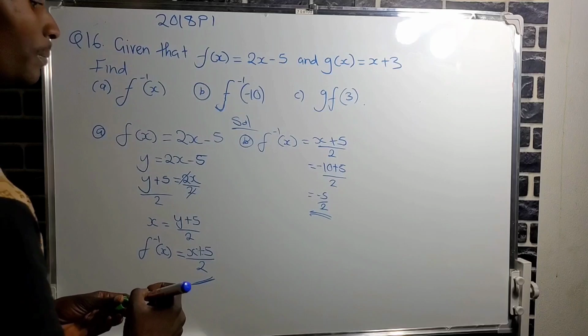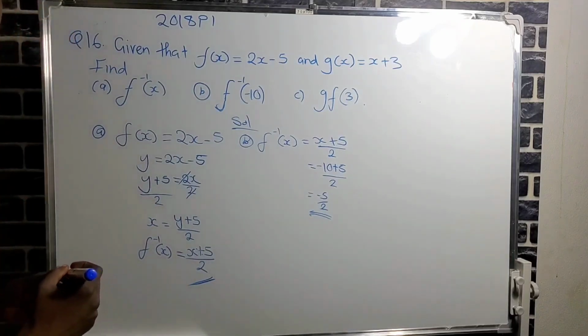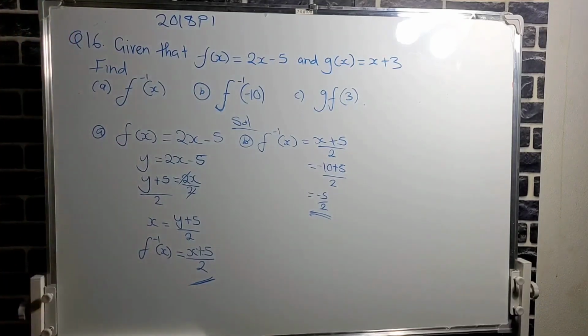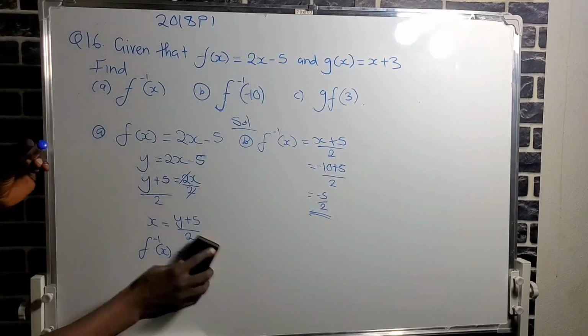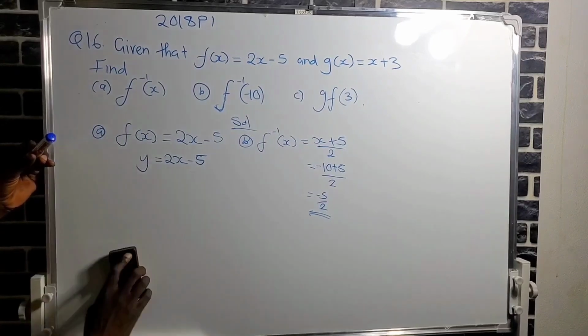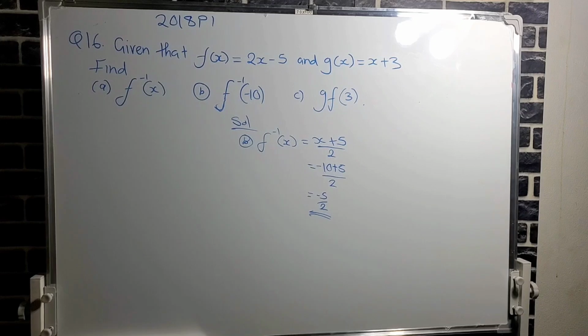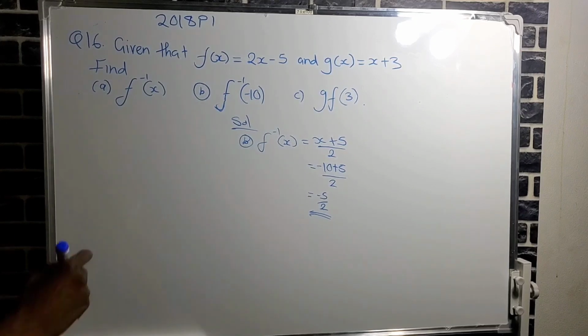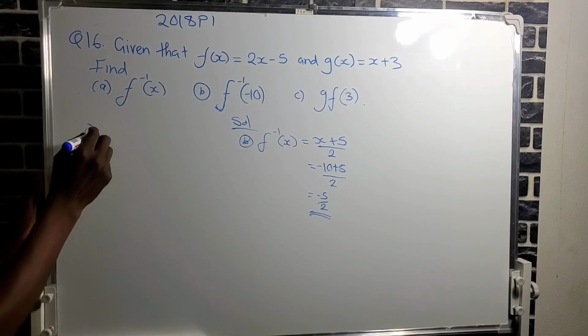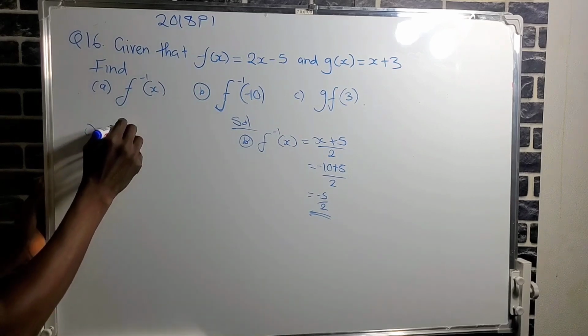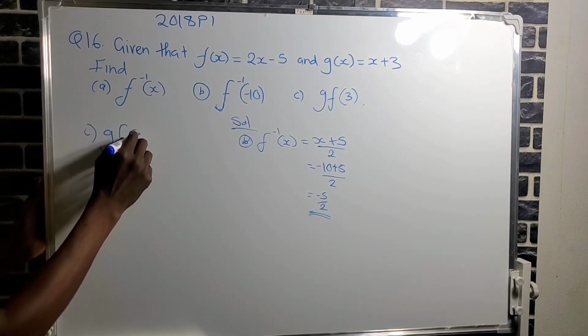Last question, that is a composite function. So what we're going to do to a composite function is that we are going to, let me just create space here. A composite function, which is C, they're saying find gf of 3.